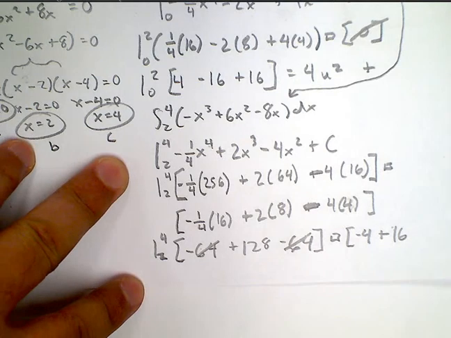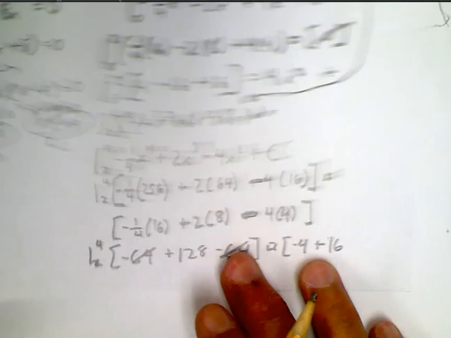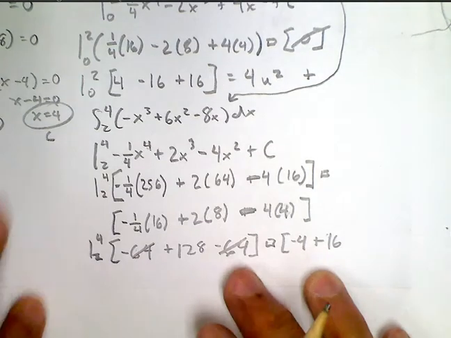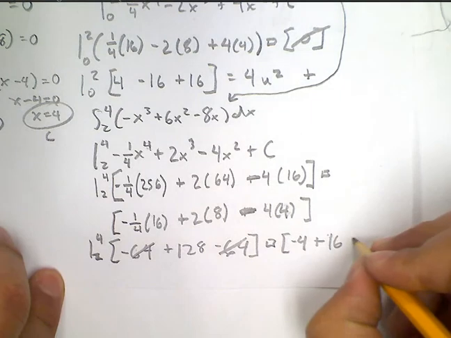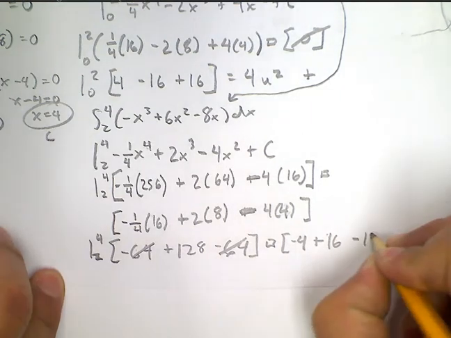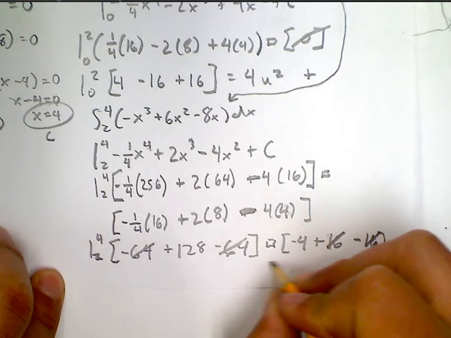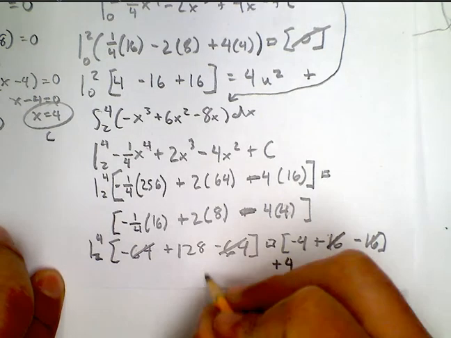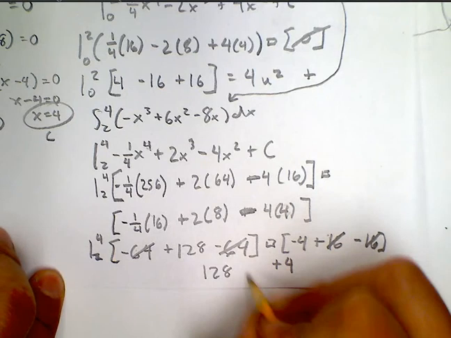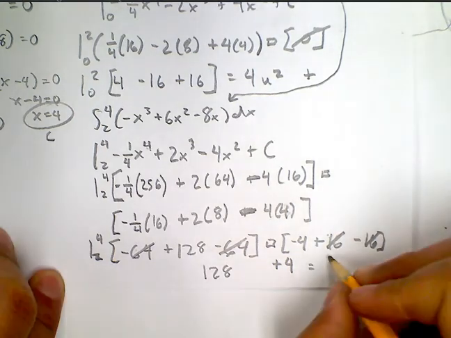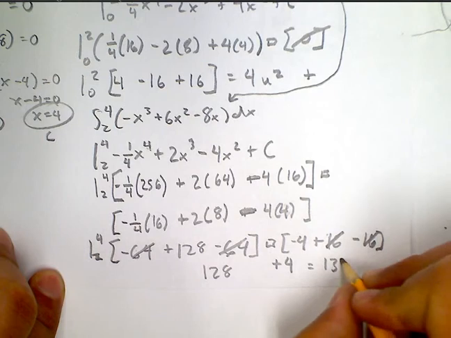I hope y'all can see all this. I'm running off. Okay. Minus 16. So those cancel. And 2 negatives make a positive 4. So you have 128 plus 4 equals 132 units squared.